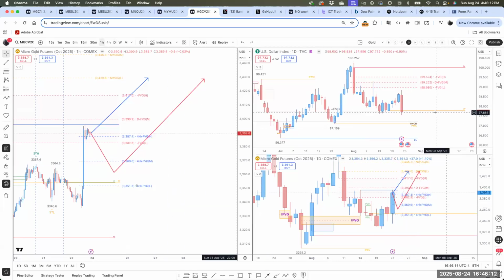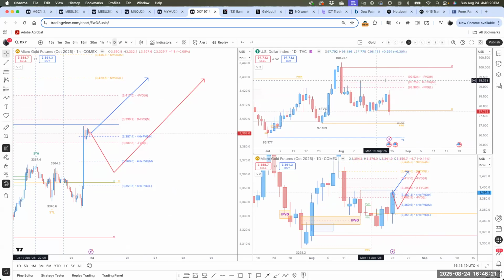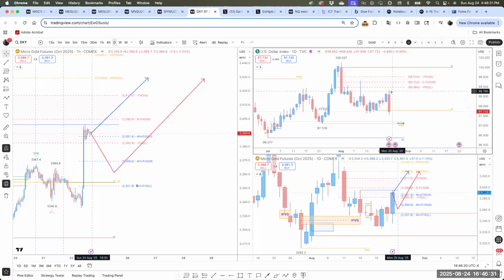Then this will be kind of reviewing what I'm looking for on gold. You can see dollar right here. We rejected this daily fair value gap on dollar already, right? And we tried to trade to it last week again, but we failed ahead of it, which is okay because that was when Powell announced that he would likely be lowering the interest rate coming up in September.